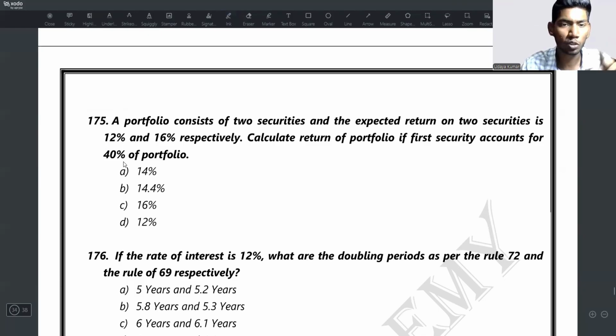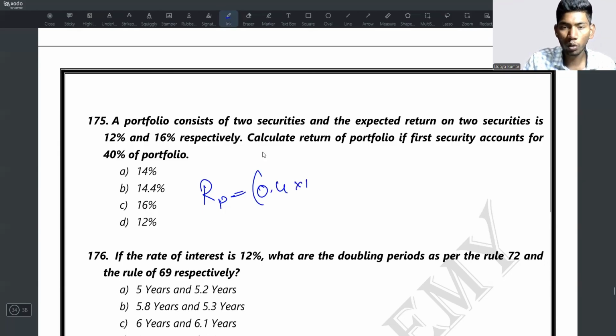Moving to question 175: a portfolio consists of two securities and the expected returns on the two securities are 12% and 16%. Calculate the return of the portfolio if the first security accounts for 40% of the portfolio. So the return on the portfolio is 0.4 into 12%, plus the remaining 60% on the second security, 0.6 into 16%.